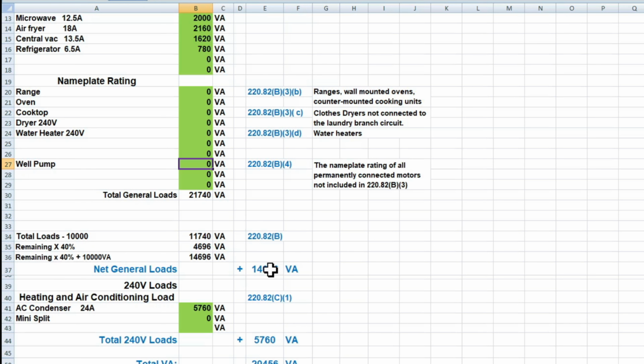And that gets moved into this field over here, which has an Excel IF function in it. I can't show it to you here, but it's an if statement. So if this value up here is 10,000 or less, then it moves that value down to here. Or it takes the value from here, does this calculation, and takes that value if it's more than 10,000 VA.